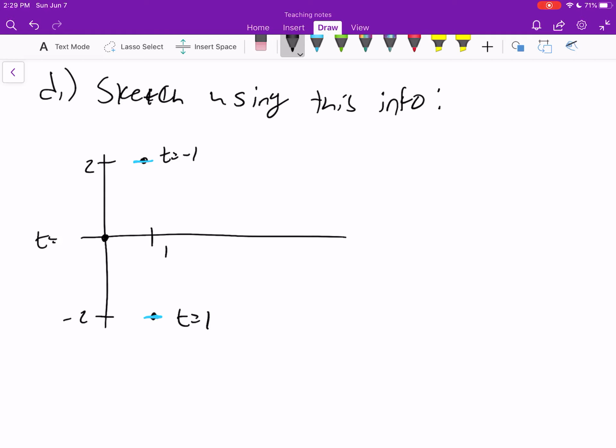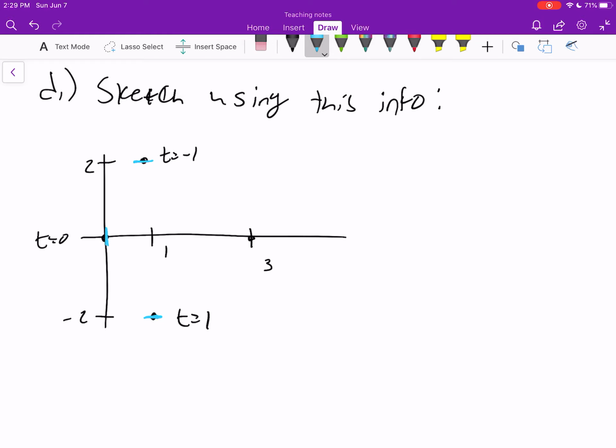At t equals 0, we are at the point 0, 0, and this was a vertical tangent line. I also had that the point 3, 0 had two tangents going through it at different times. So I'm going to connect all of this.